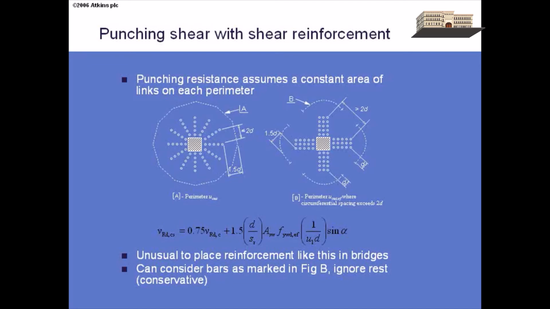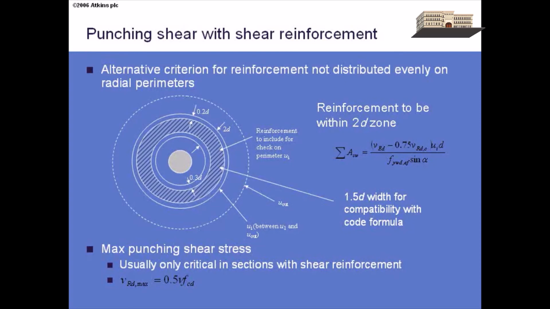So you either conservatively miss out all those portions if you're using the Eurocode formula, or an alternative version, which is in the notes in the Thomas Telford guide, is to look at the 2d perimeter that you're considering. For compatibility with the formula, just look at the links which are in the inner 1.5d of the 2d.